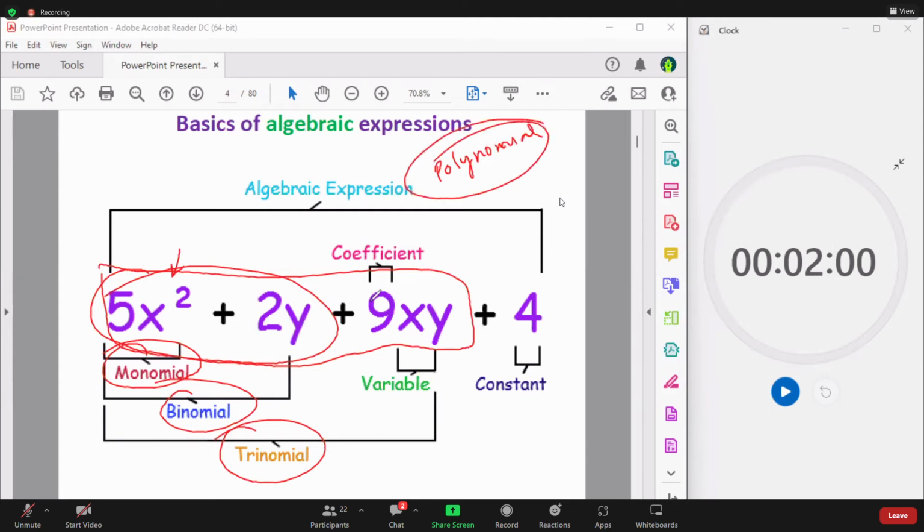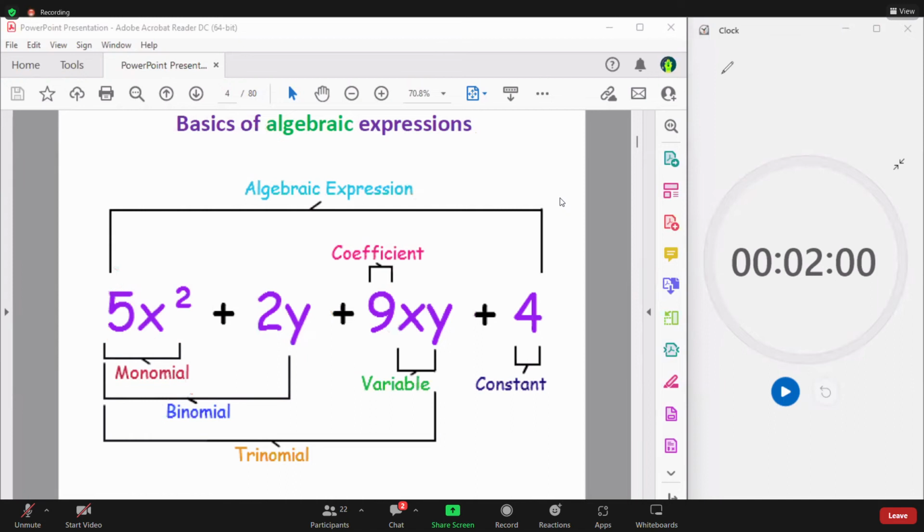Okay, and the numerical part of a term is the coefficient. When we talk about the coefficient of x in 9xy, the answer is 9. However, let's say we ask for the coefficient of 6a square b in 18a cube b square c cube.